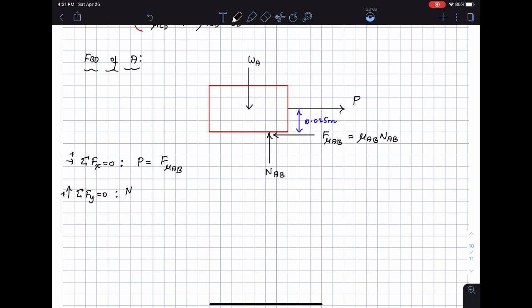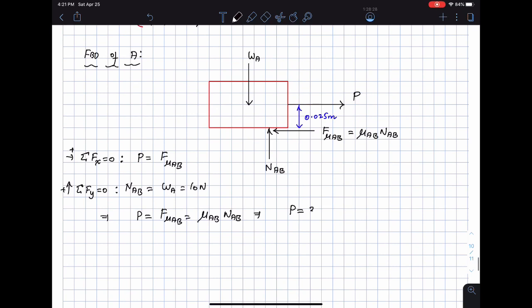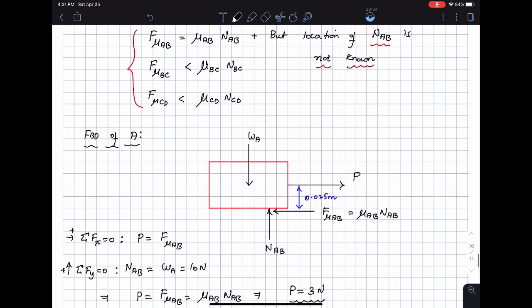I get NAB is equal to WA, which is equal to 10 newtons, which means that P is equal to F mu AB, which is mu AB times NAB, or the force P is equal to 0.3 times 10, or 3 newtons. But we need to start checking the other two equations of friction.